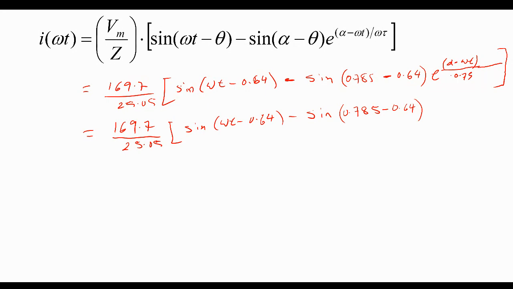All right, so this part, I can just have this as e to the minus 0.75. Still multiply this by e to the, that would be what, alpha minus omega t.